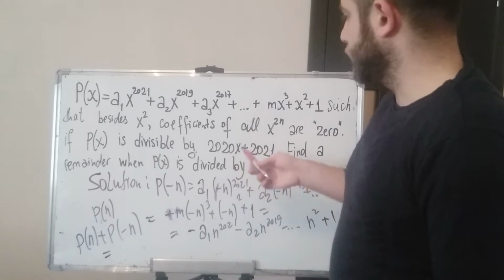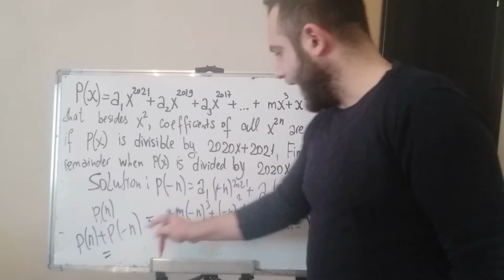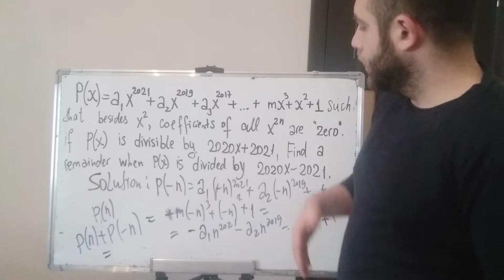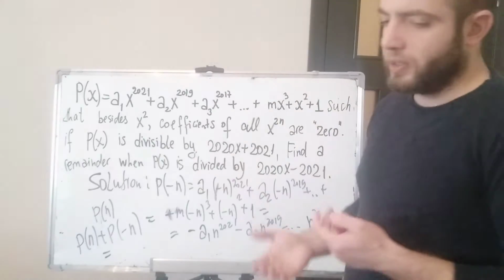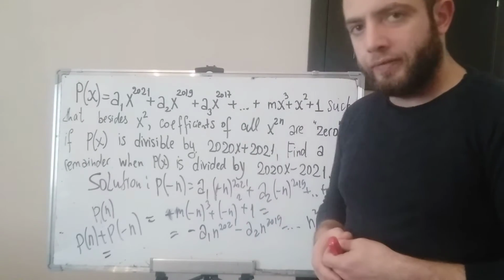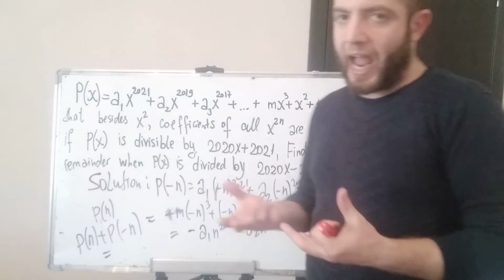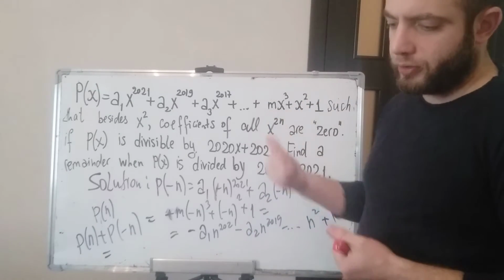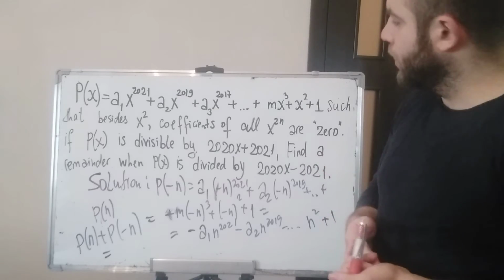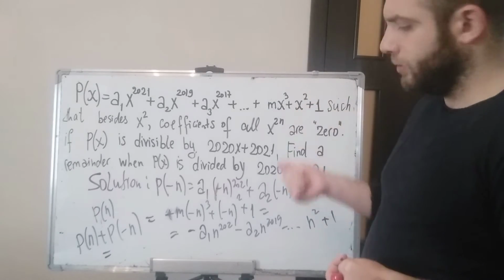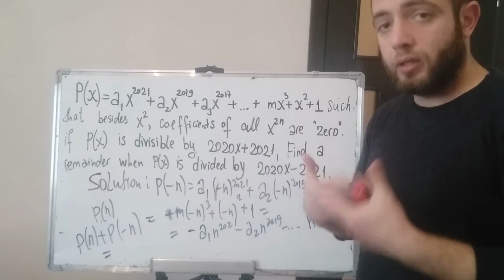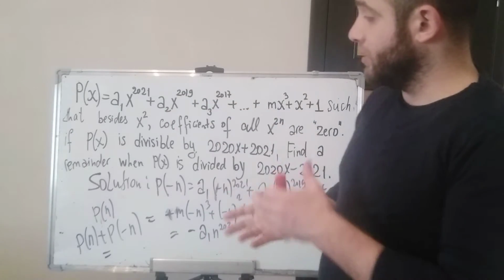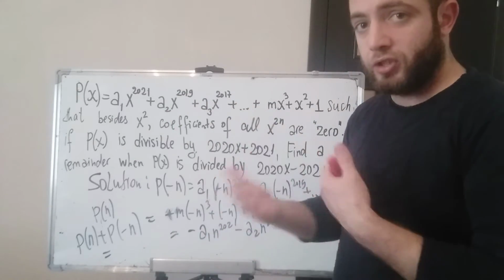For example, we know that P of n has a1 times n to the 2021, but there is also a minus, so similar terms will be removed. In the end we will only have the x squared, because x squared is the term that when negated still gives the same thing, but the others will be positive and negative, and will just remove each other.